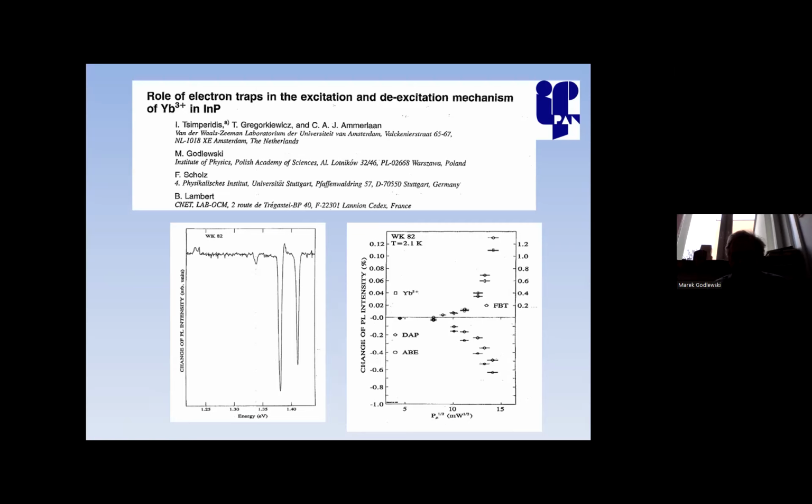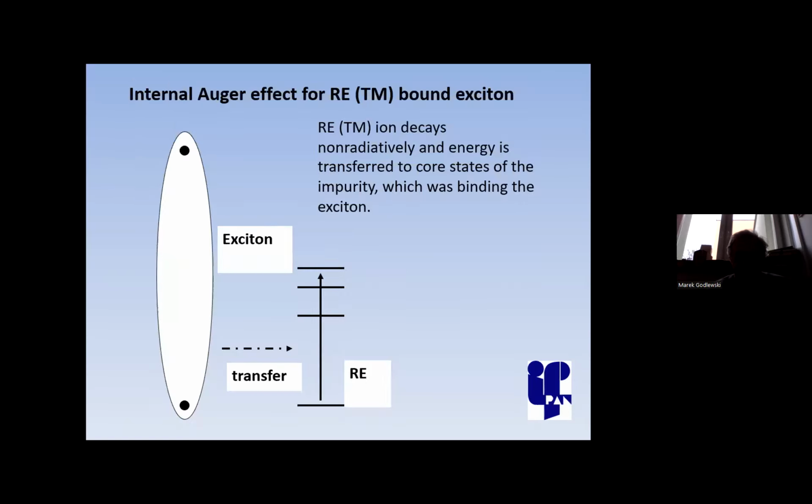If the intensity of donor-acceptor pair bands or bound exciton bands is reduced, the efficiency of terbium emission under this host excitation is increasing. That indicates the mechanism must be different.